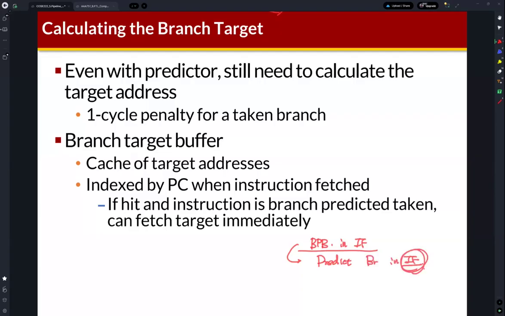So it looks like this with the PC. The PC is here. With the PC, we access the instruction memory. And using this PC, we will also access the branch prediction buffer.